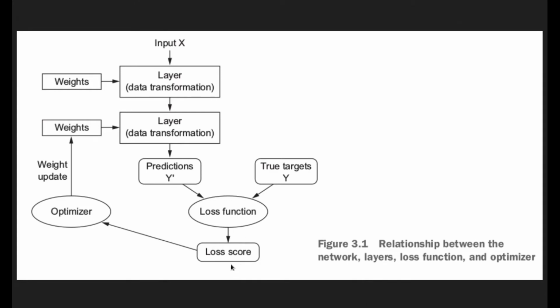This loss function identifies and lets you know how badly your network performed, and using that information, you give it to the optimizer, and the optimizer changes the weights of the network. So you let your network know how badly it's performing, and this optimizer changes the values that are being used in the layer.